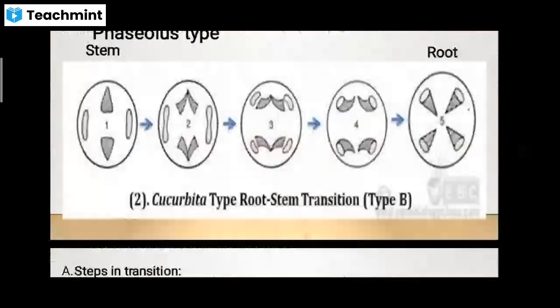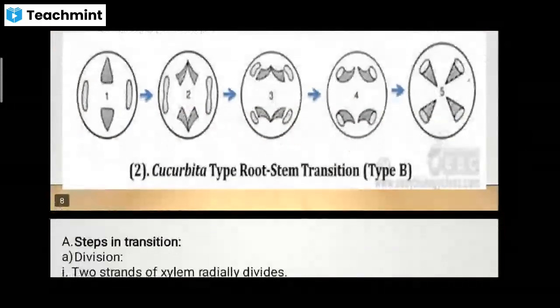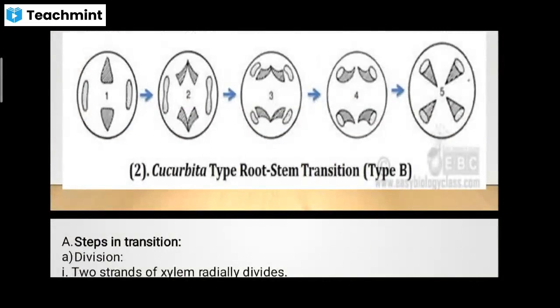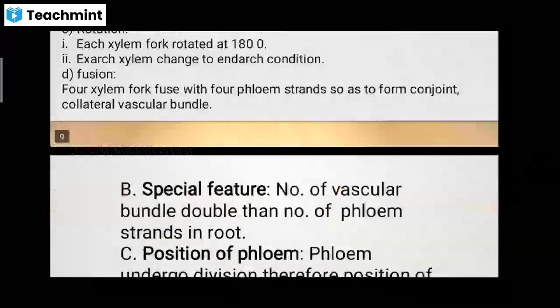In the first figure you can see that in the root there are two strands of phloem. But after this root-stem transition, four vascular bundles are formed in the stem. So this is the main feature of this cucurbita type. In roots there are two phloem strands, but after this root-stem transition, in the stem four vascular bundles are formed.